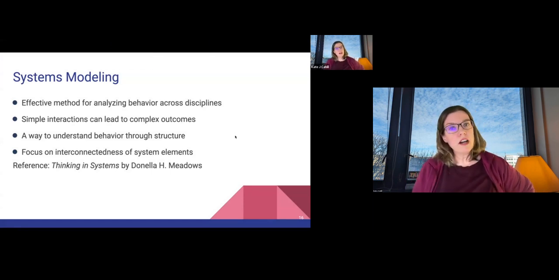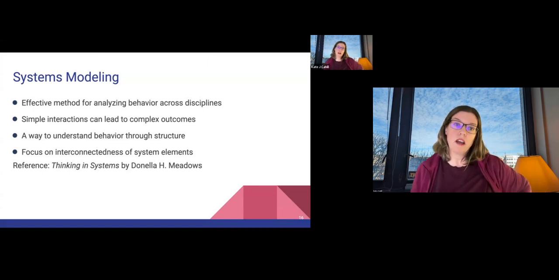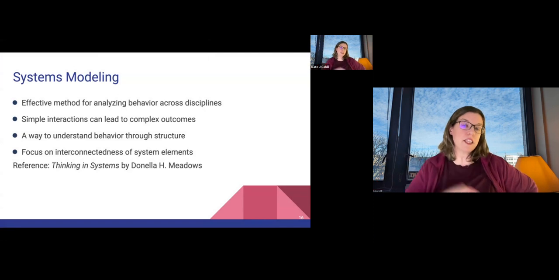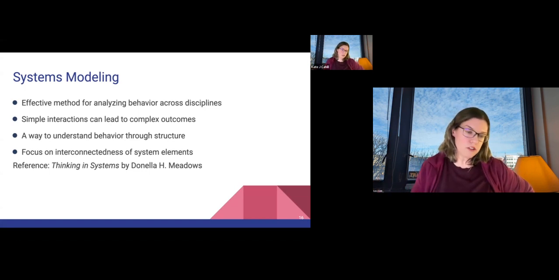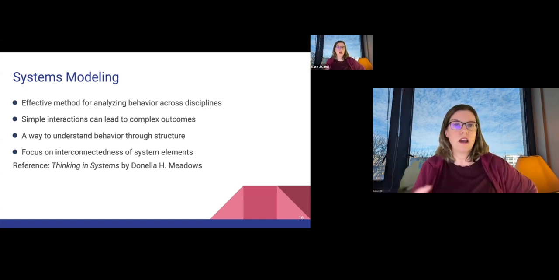And so moving on from network analysis to another type of modeling, which is systems modeling, which is a way of looking at a system and analyzing the behavior of that system. And this can be done in many different disciplines. So it can be applied to chemistry and physics systems, as well as social systems, historical systems. It's been applied in a lot of different ways.